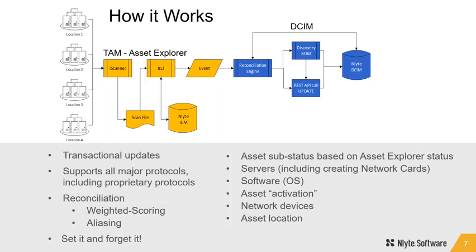But at the same time, the BLT is pushing over an event. That event gets pushed over to the DCIM reconciliation engine and the APIs, and then it identifies the assets inside Nlyte DCIM, enriches those assets or creates those assets or updates anything that needs to be captured, or any anomalies, and pushes those into BDM.